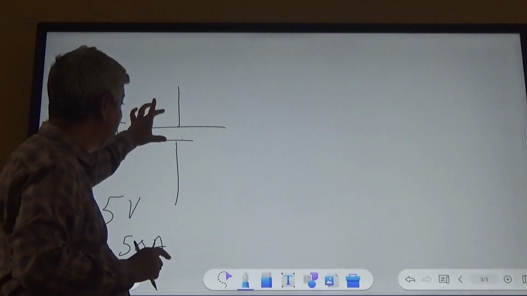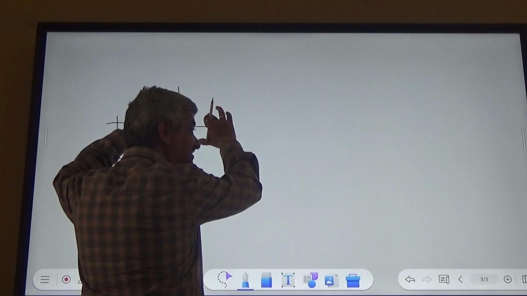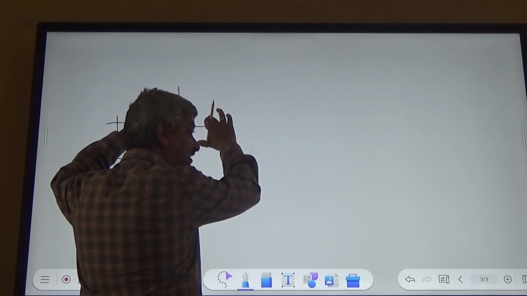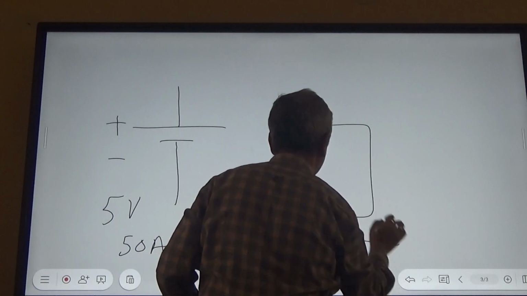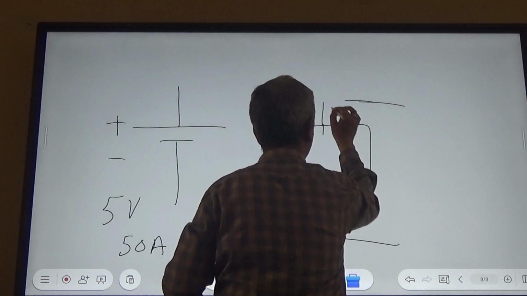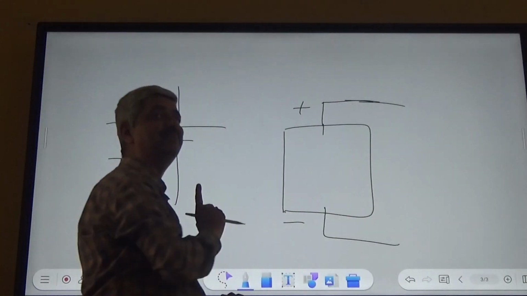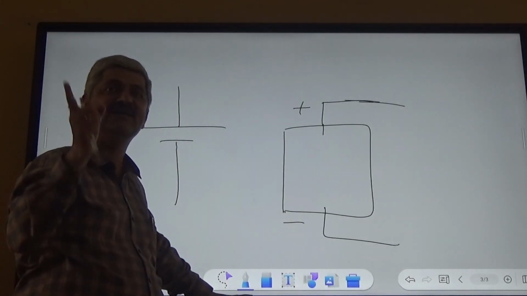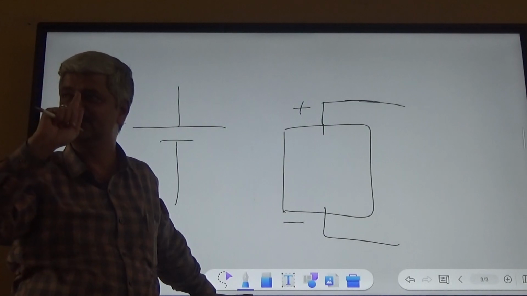When you look at this, you think it to be an ideal constant voltage source. It is not. So what I am doing, these are 2 terminals of the battery. This is the positive terminal. This is the negative terminal. So maximum it can supply 50 amperes. And it is made up of that combination whose electrochemical equivalent is 5 volts.